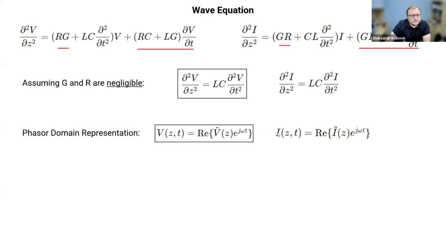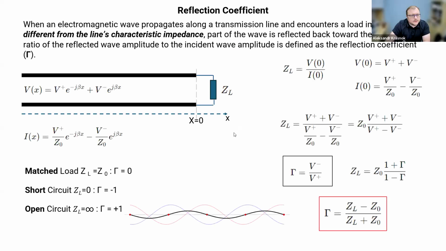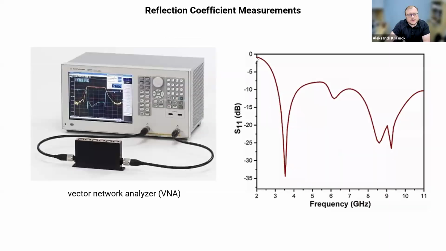So a vector network analyzer simply means that it can measure not only magnitude, like shown here, but also the phase, which is another very important characteristic, the phase of your reflected wave. So this is the main difference.